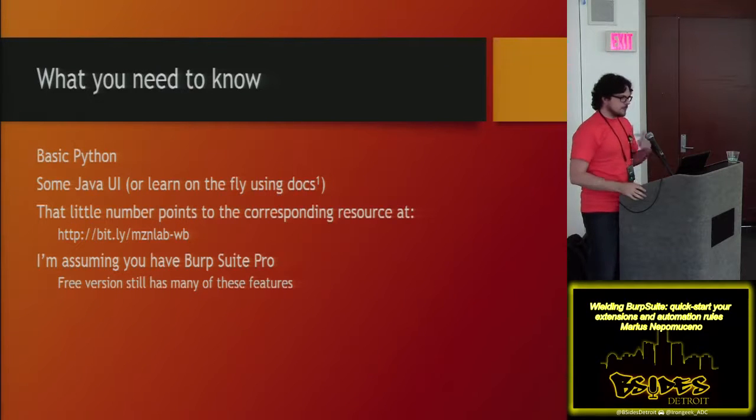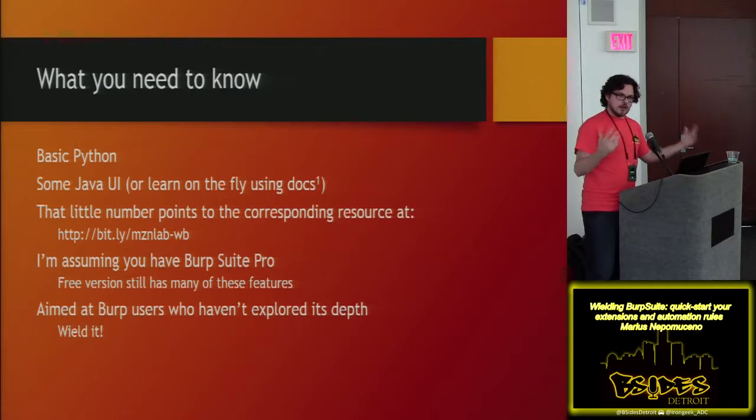That being said, the free version still has a lot of good stuff you can use. The latest free version actually allows you to use Extender, so you might have a few restrictions, not too many. You can certainly get started with the free version and learn how to build extensions and how to use the automation features.